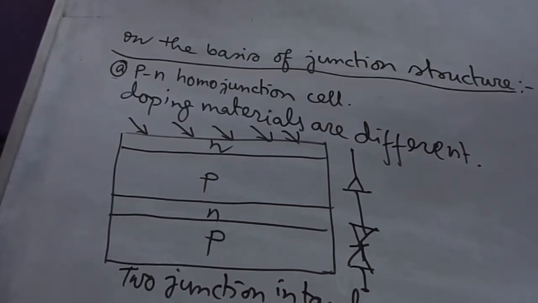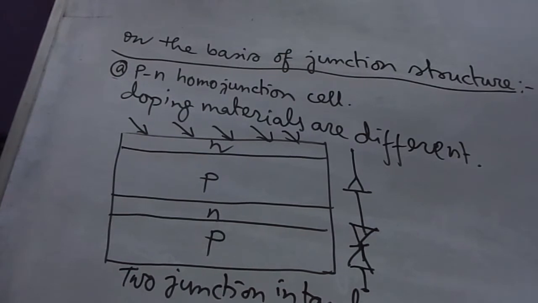High energy photons will be absorbed in the top junction, followed by absorption of lower energy photons at subsequent junctions. A multi-junction structure is shown here. Although the idea looks logical at the outset, a problem is encountered due to the presence of an unwanted reverse biased PN junction.